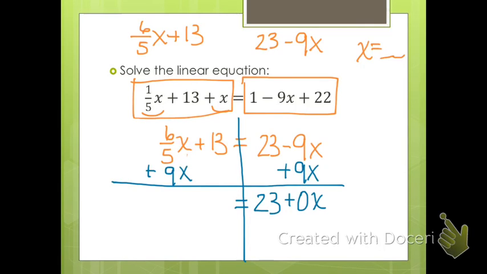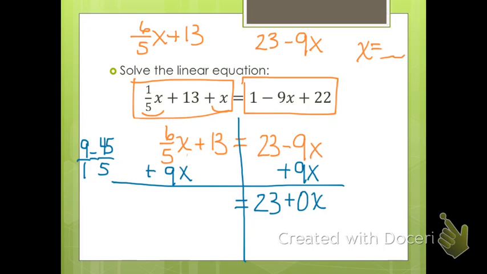Over on this side, I'm going to think of 9 as 9 over 1 equal to 45 fifths, because I need to add those coefficients.